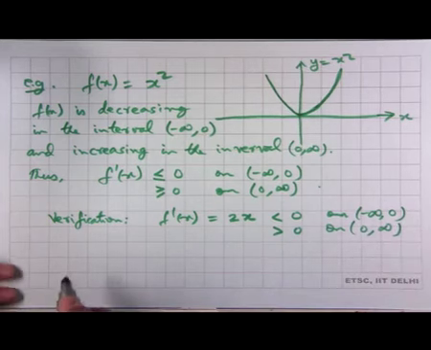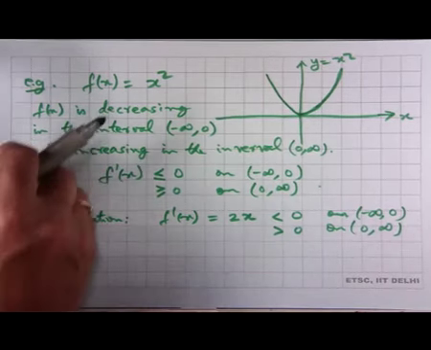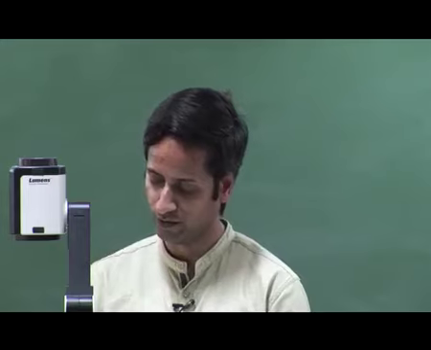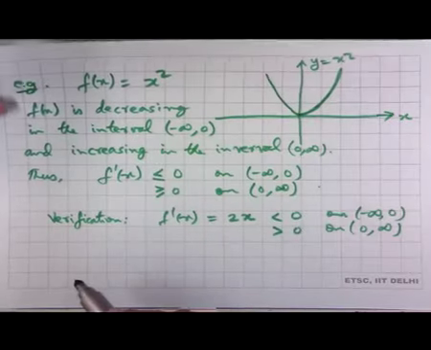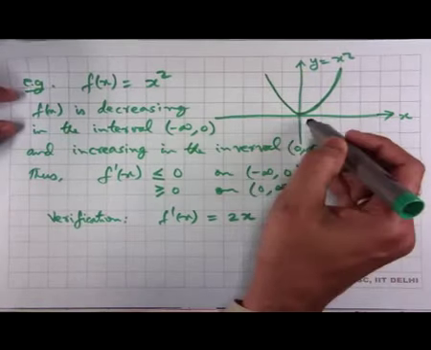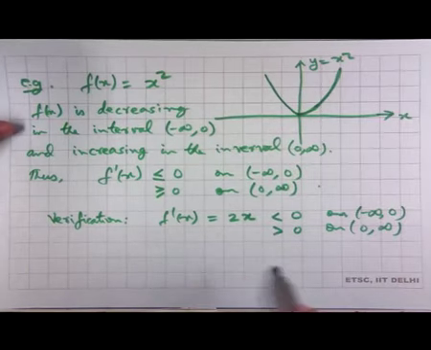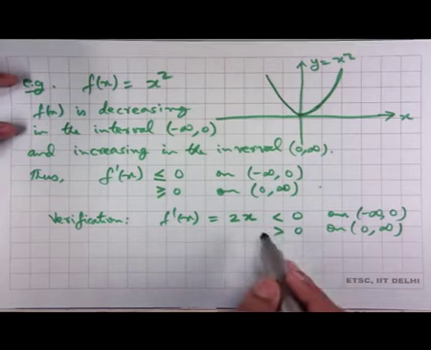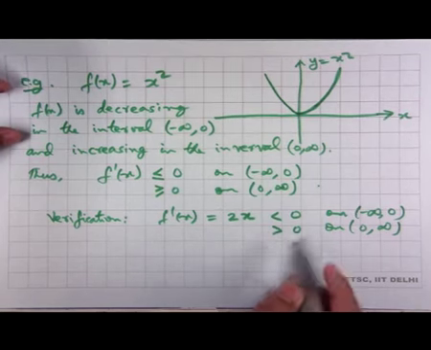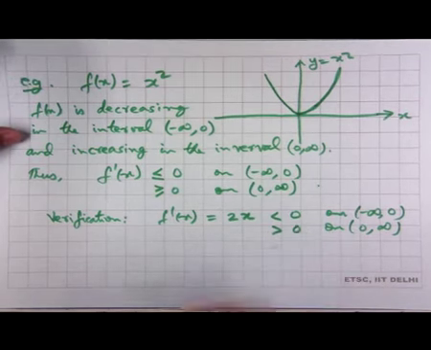So, this is an example to show that for a function which is decreasing in some interval and increasing in some other interval, the derivative sign is negative when it is decreasing and positive when it is increasing.